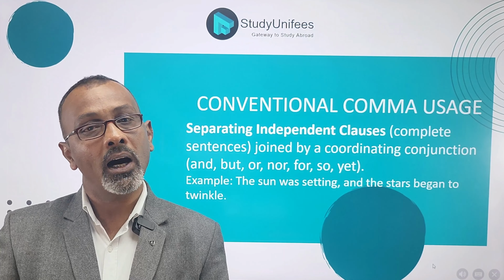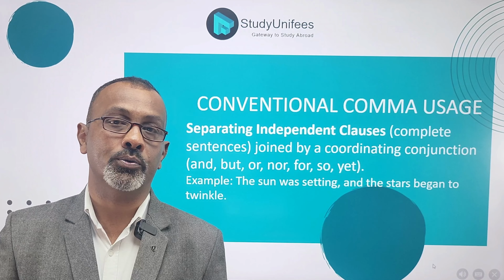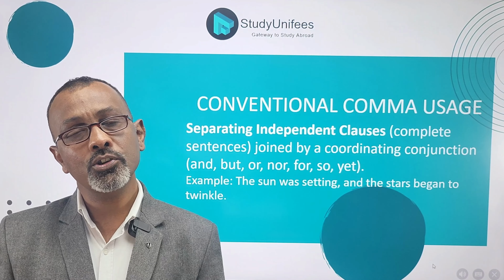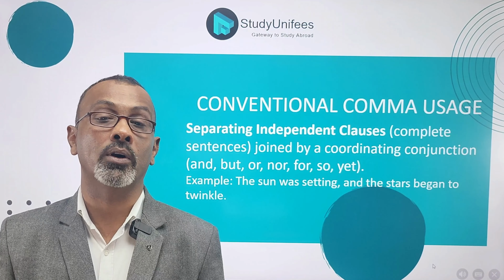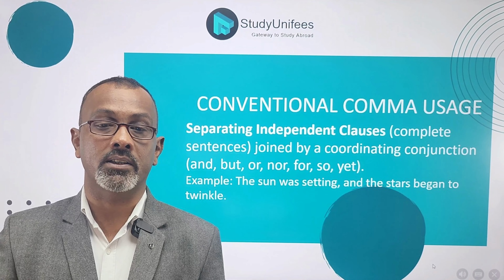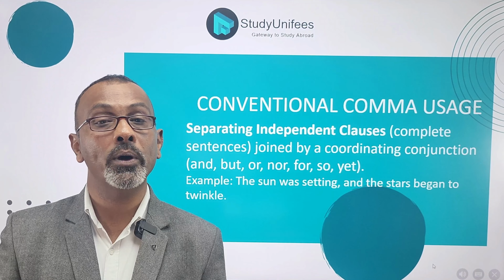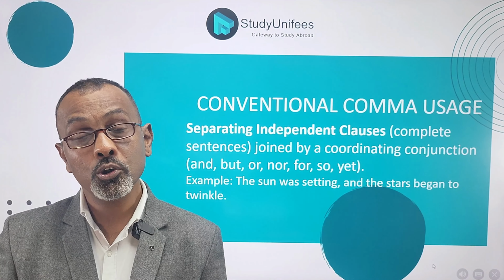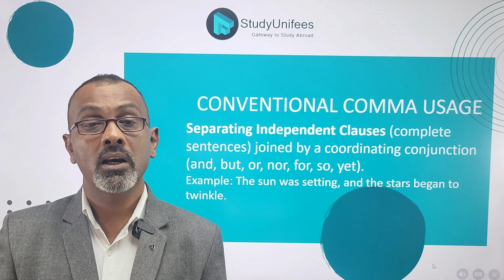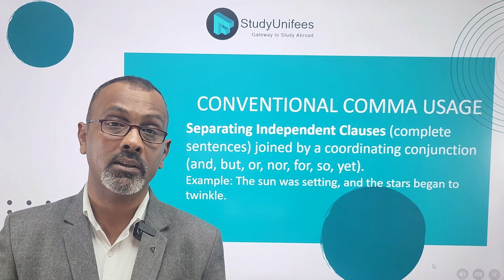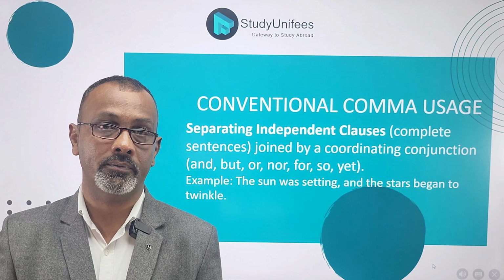Now we'll look at a few other ways in which the comma is used. Here, the use of the Oxford comma is not optional because there are no lists. The first is when you're separating two independent clauses, usually in a compound sentence. An independent clause is a subject-verb-object, a complete sentence in itself.